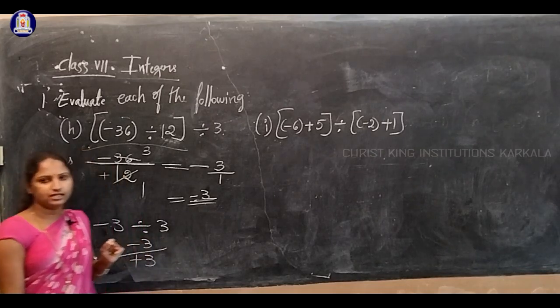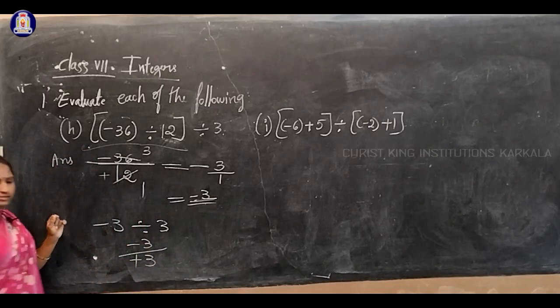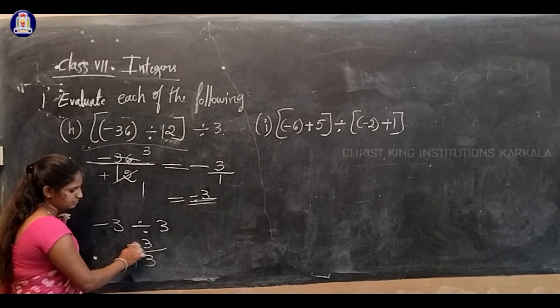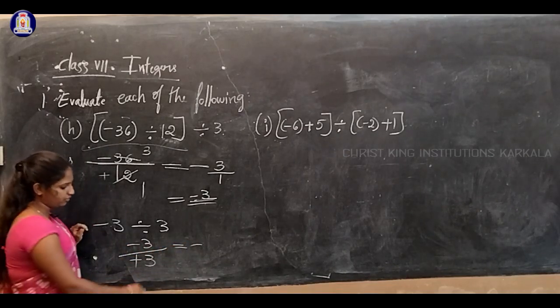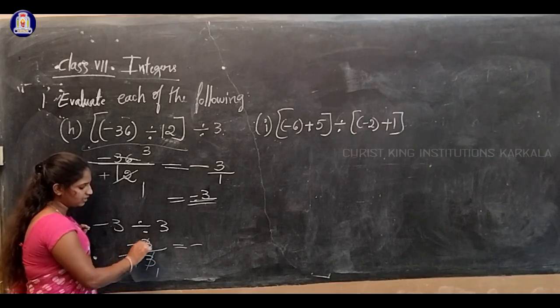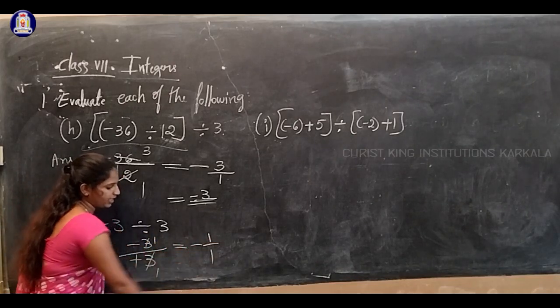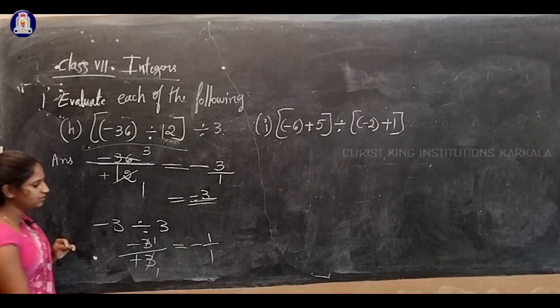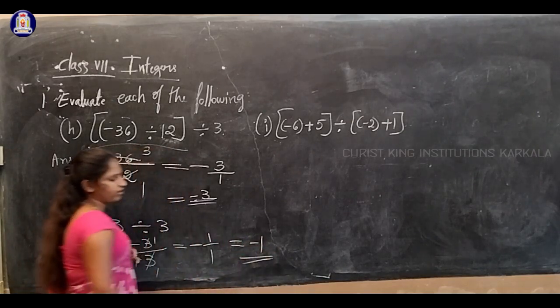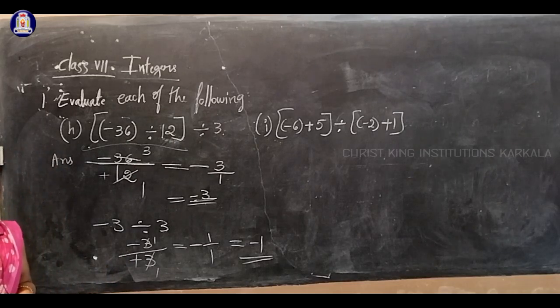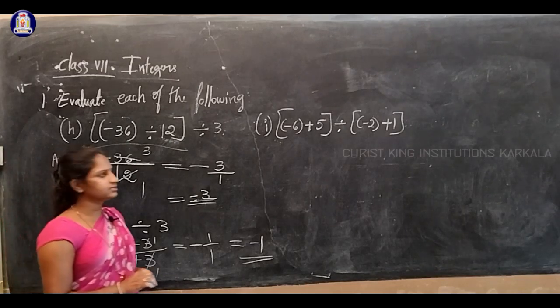So minus 3 divided by plus 3. Plus minus minus. Now 3 ones are 3, so 1 by 1. So minus 1 by 1, the answer is minus 1.